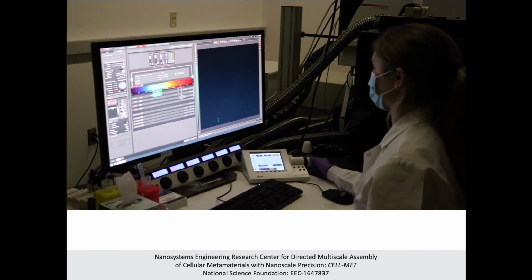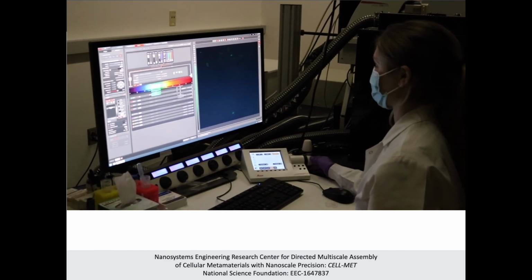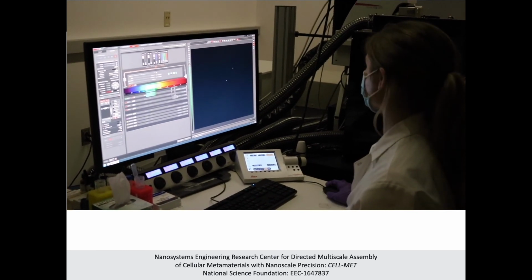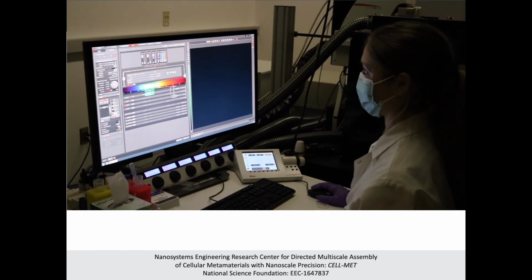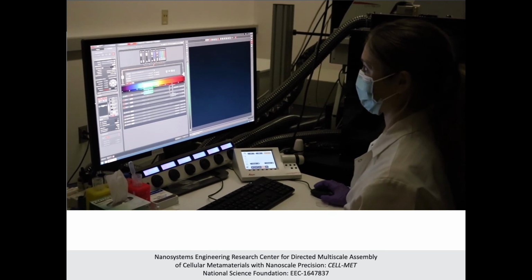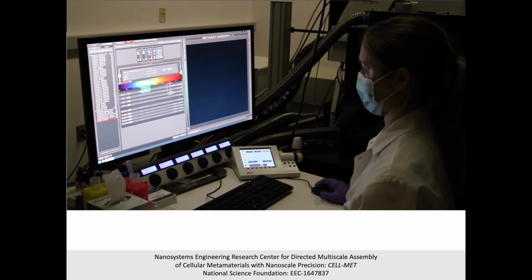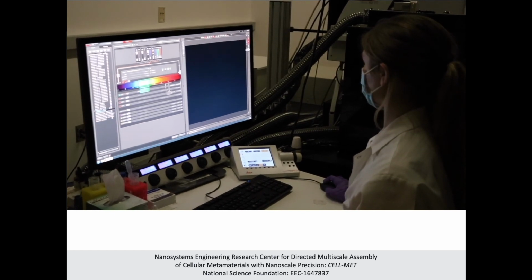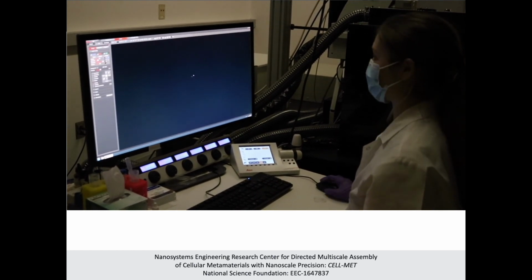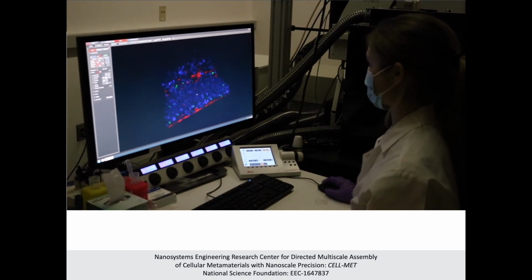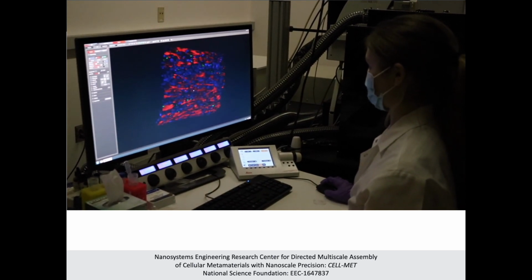And you can then look at how these cells are behaving in 3D. So I'll show you what that looks like. So you can get a look at what our tissues look like. They're about 200 to 300 microns thick. And this is what some of the staining looks like in 3D. And this is our cardiac microtissue system.